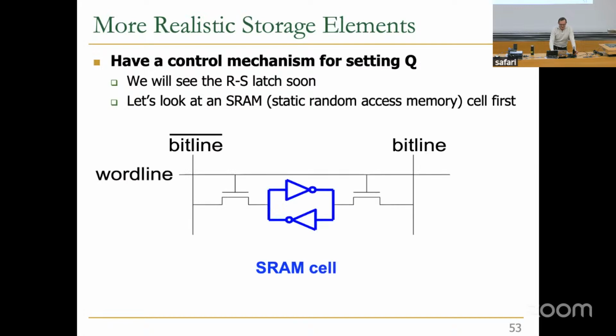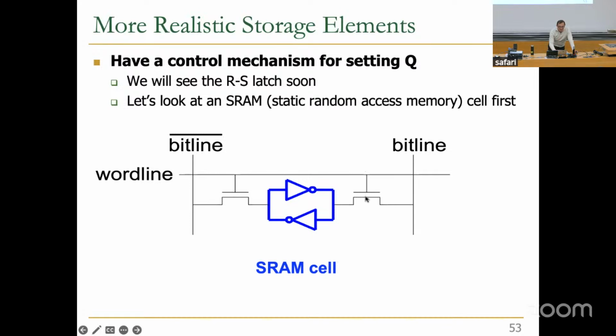So this is an SRAM. Just to show you that what we have seen earlier is actually used. This cross-coupled inverter is used in caches, for example, of your processor. That's the cross-coupled inverter that we have seen. It has a control mechanism, as you can see, which I'm not going to go into right now.